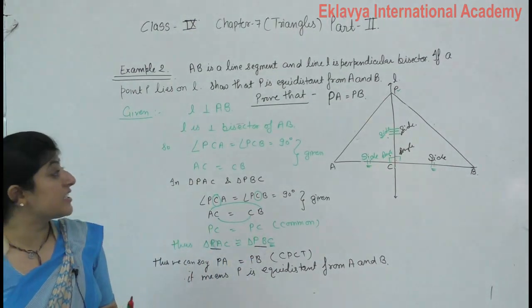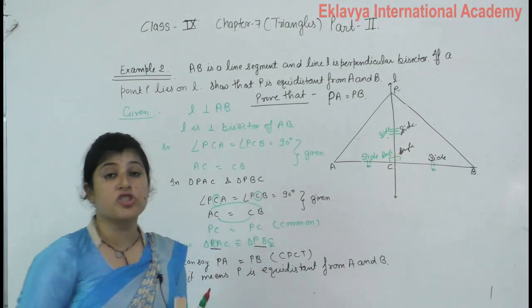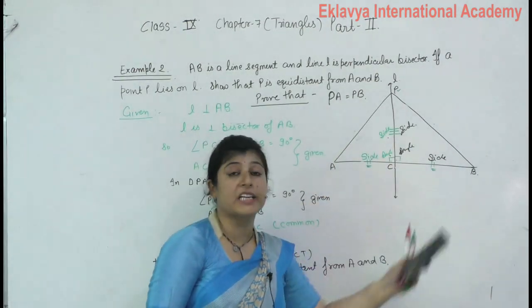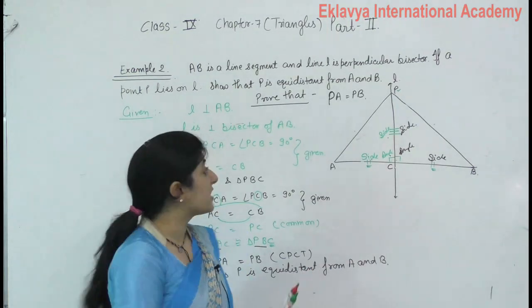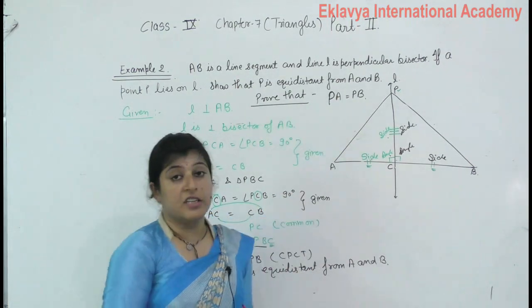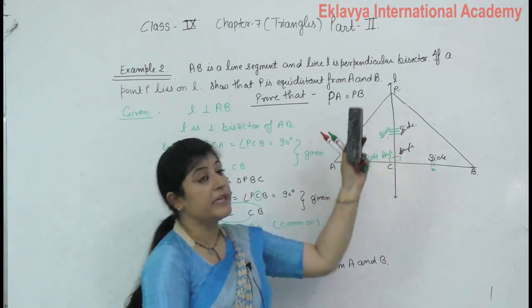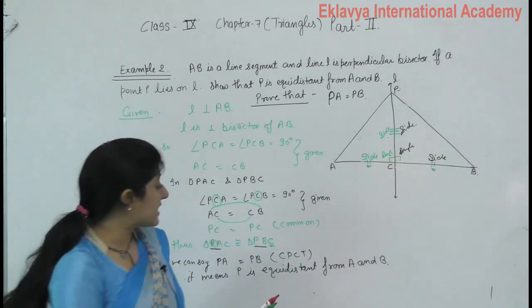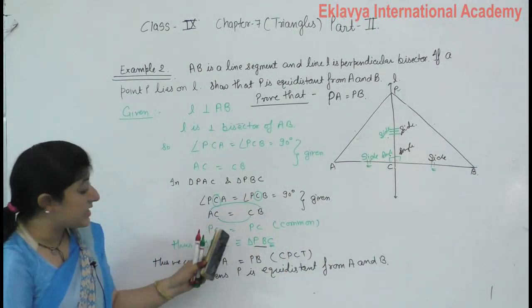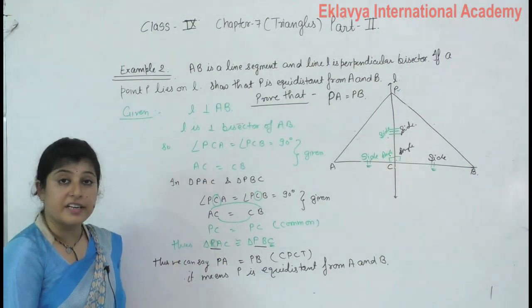And there is not always a question asking you to prove these two triangles congruent. Maybe we need the result of the congruency, such as PA equal to PB, and we can easily say that this is the result of the congruency of a triangle.